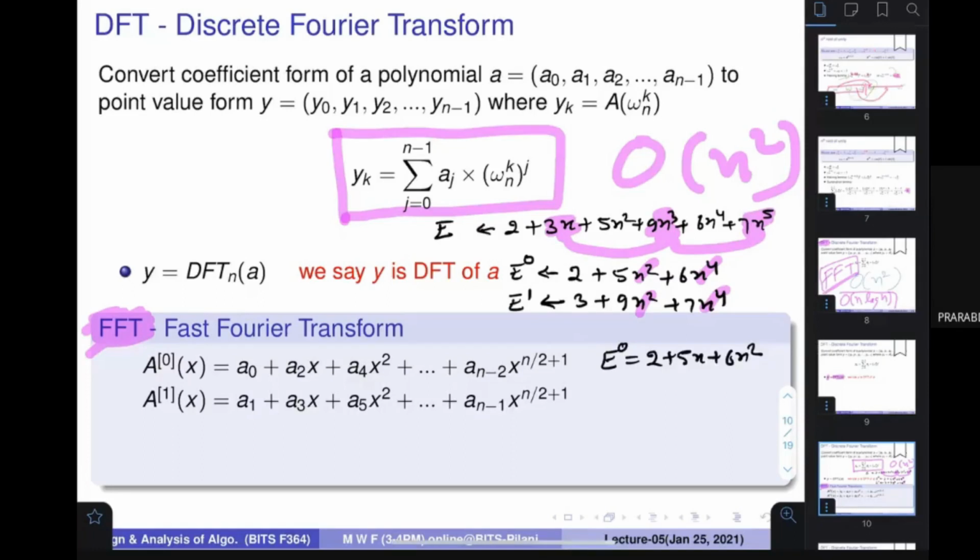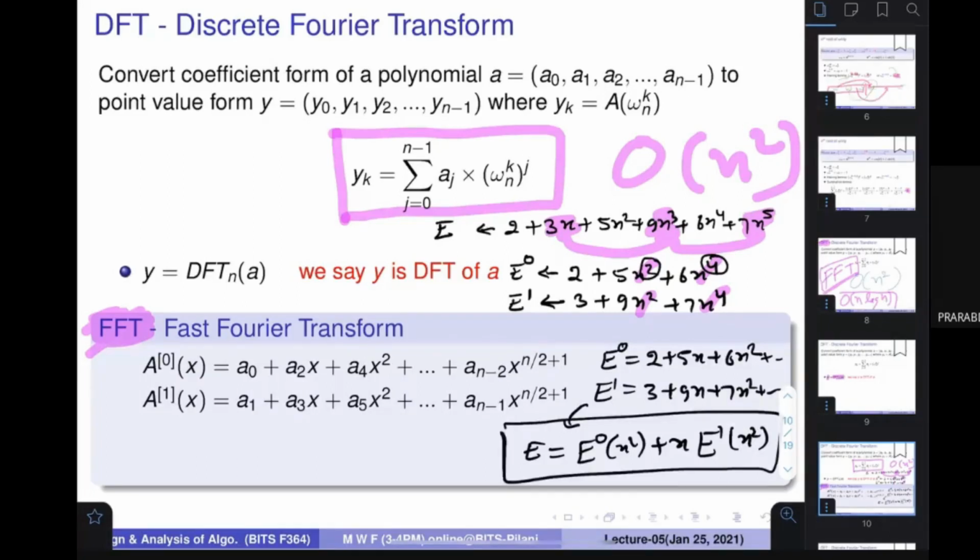E1 is equal to 3 plus 9x plus 7x square plus dot dot dot. What I have done is that the power is now halved everywhere. I am going to write that E is equal to E0 of x square plus x into E1 of x square. Is this part clear to everybody?